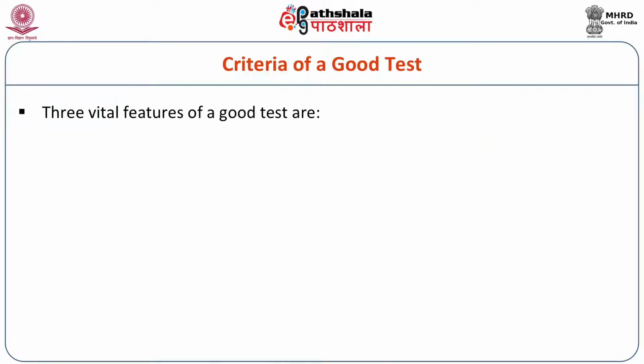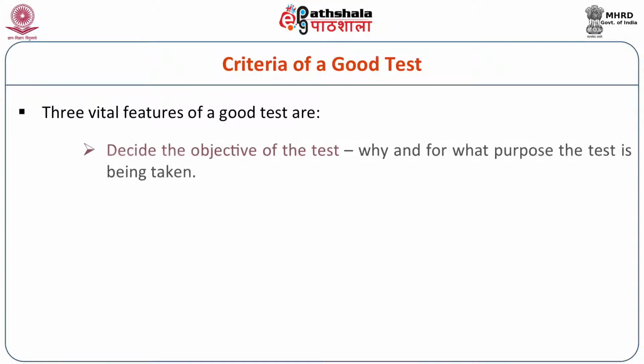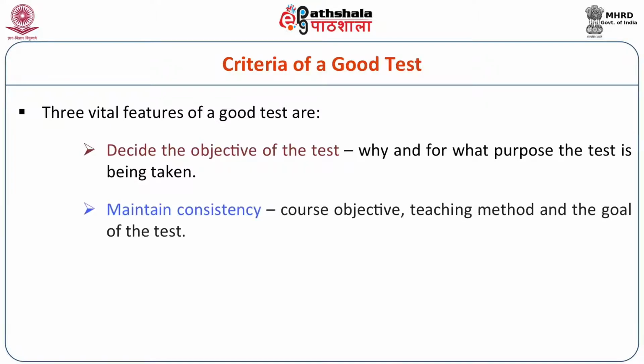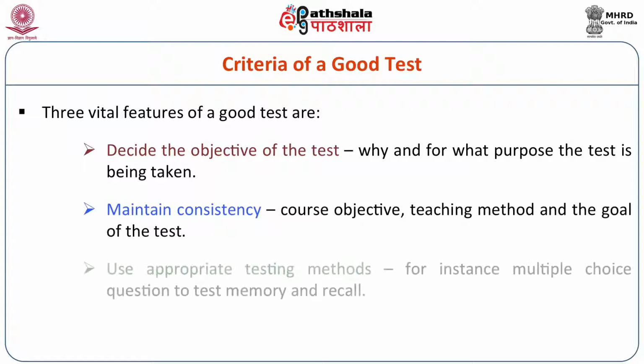In order for the test to be reliable, valid and practical, it is necessary that one should decide the objective of the test, like why and for what purpose the test is being taken, maintain consistency, and use appropriate testing methods. Suppose you want to test the fluency of the learner, then you will have to take a speaking test.